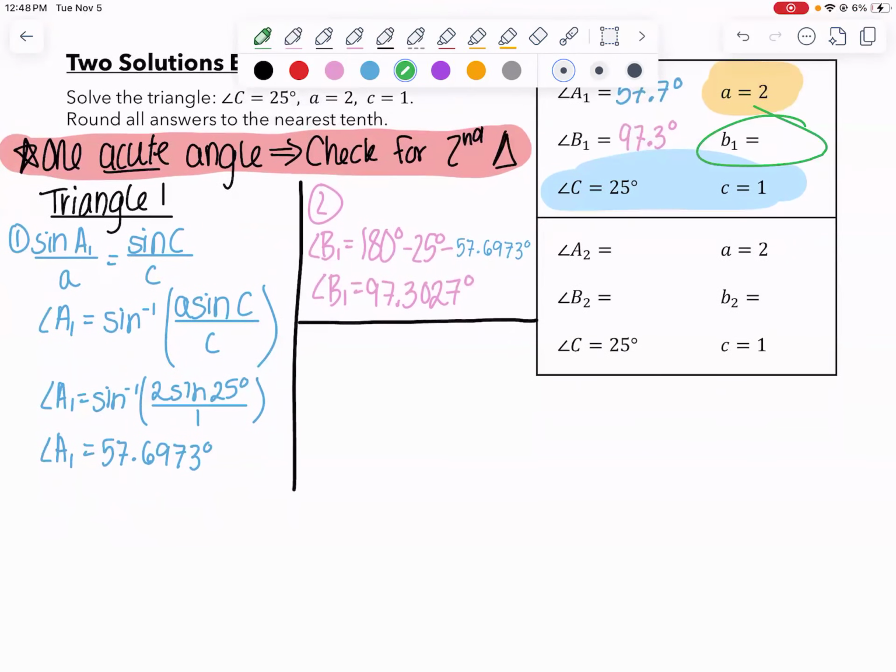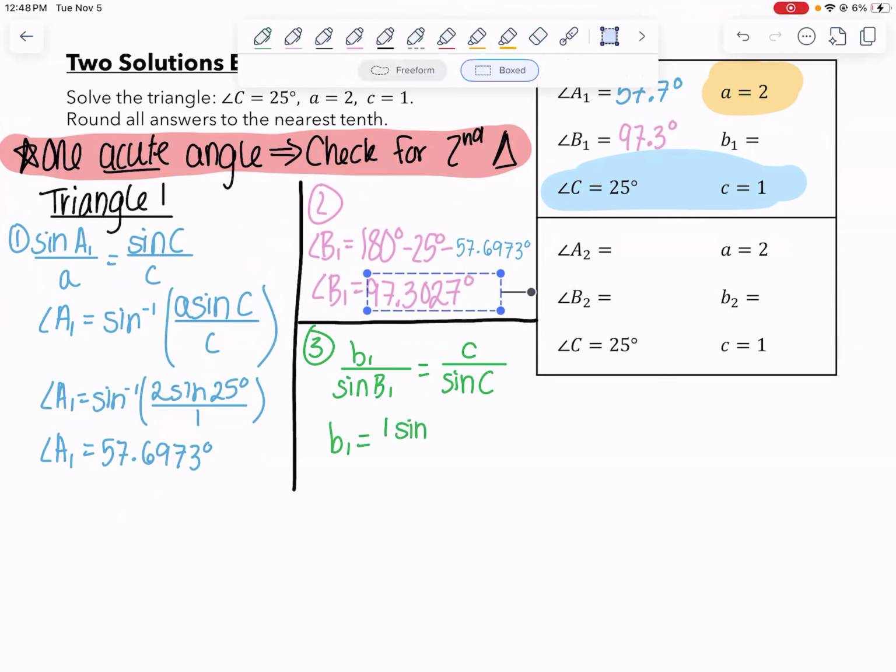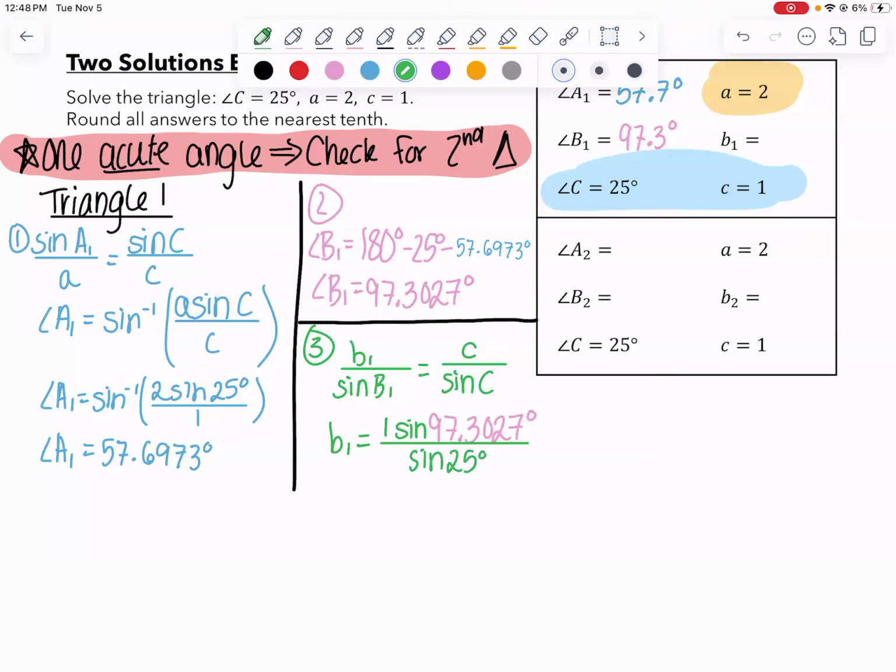Finally, we're going to solve for side length B1. So B1 over sine of B1 is equal to, I'm going to use C because those numbers are not rounded, so C over sine of angle C. So B1 is going to be equal to, you'll be multiplying this guy on the other side, C itself is 1 times sine of angle B. Use the full number here, the full four decimal places at least, all over sine of angle C, which is 25 degrees.